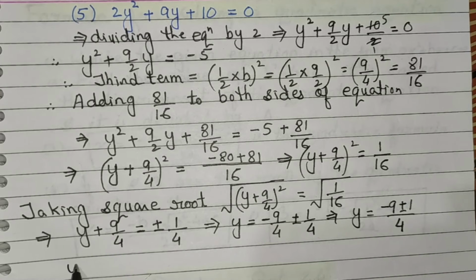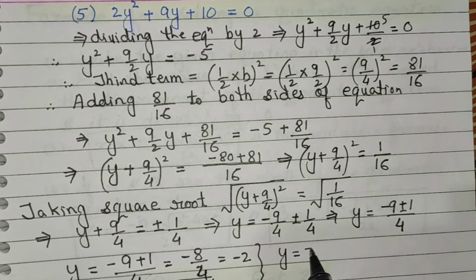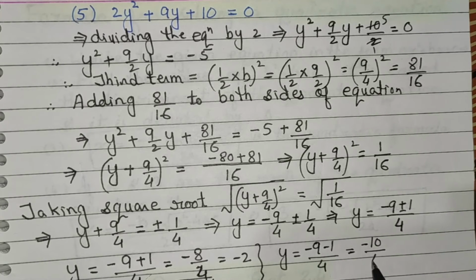Now we get the value of y is equal to minus 9 plus 1 upon 4 is equal to minus 8 upon 4, means minus 2. Therefore, y is equal to minus 2. And second one, y is equal to minus 9 minus 1 upon 4. We get minus 10 upon 4. 2 twos are 4, 2 fives are 10.